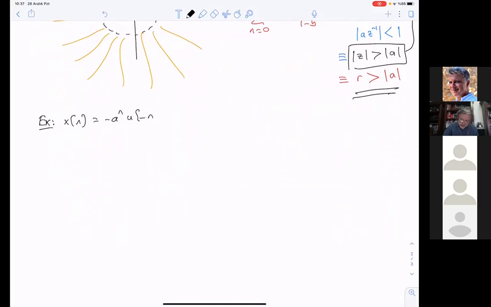It looks awkward, but u of minus n minus 1 is a left-sided unit step. It's telling me that this signal exists for n from minus infinity to minus 1. It's not from 0 to infinity, but from minus infinity to minus 1. So it's a left-sided signal, in other words.